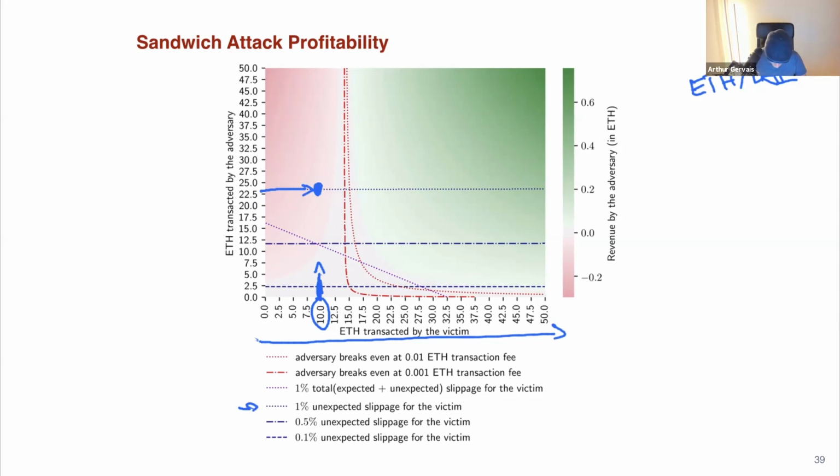However, you can see here that we are in a reddish or rose zone. This means that the revenue of the adversary is actually negative, right? So here, this is the red part. For this particular setting, an adversary can actually not profitably sandwich you, which is great, right?